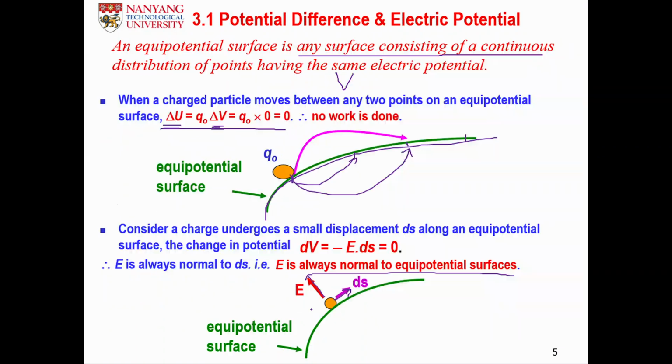So this is the electric potential and also the equipotential surface.